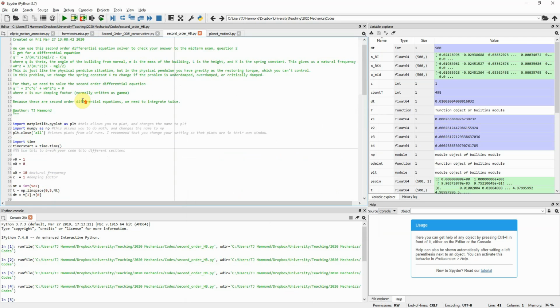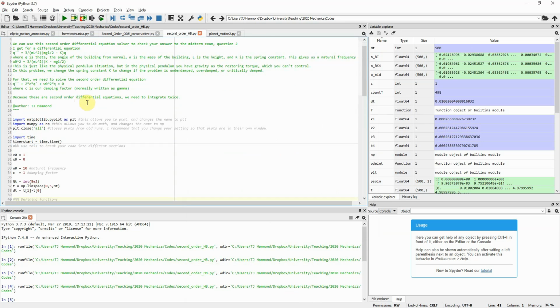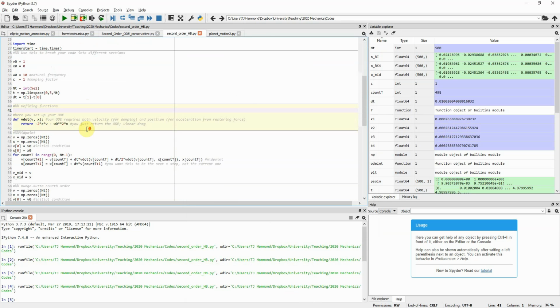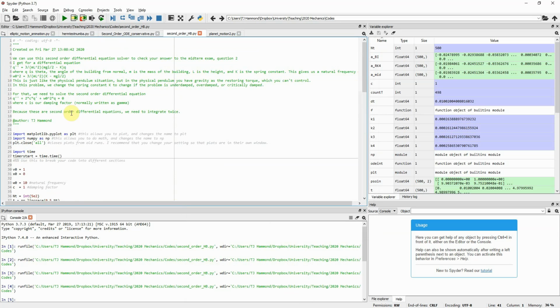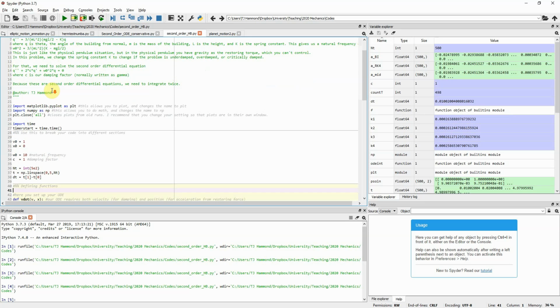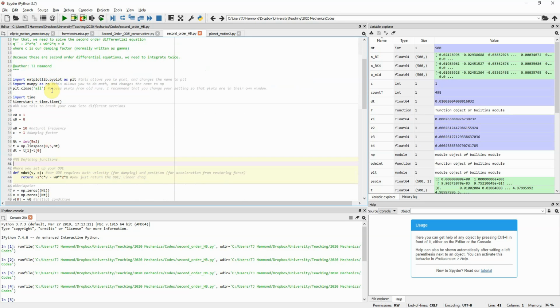I recommend that if you want to check your answer from your midterm, you can use this code to do that. You can change what your spring constant is, or you can change different parameters here to see which ones are underdamped, which ones are overdamped, and which ones are critically damped.